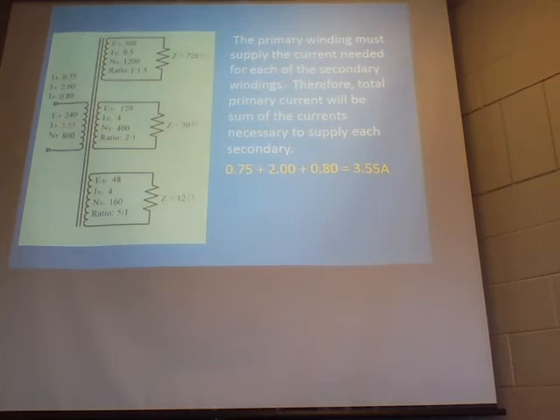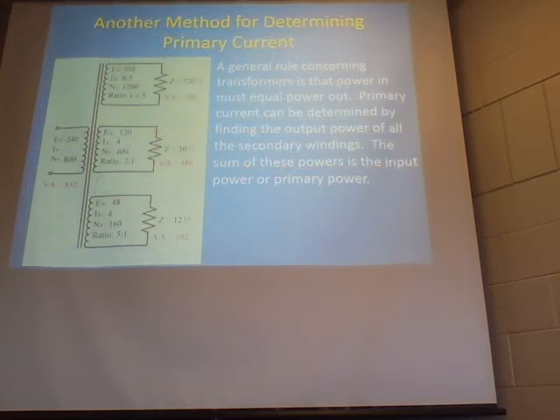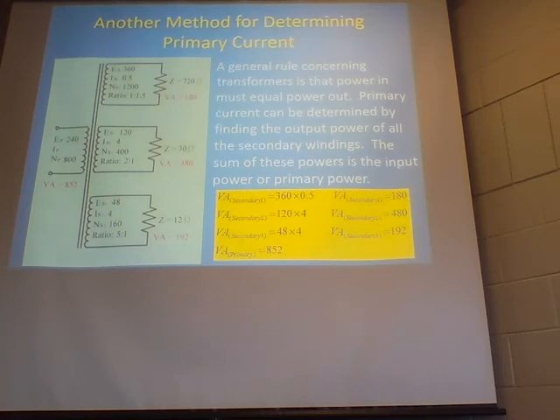So the primary current for that transformer, if all 3 of those secondaries are used, you can have a primary current of 3.55 amps. Or you can use the volt amps. Power in equals power out.